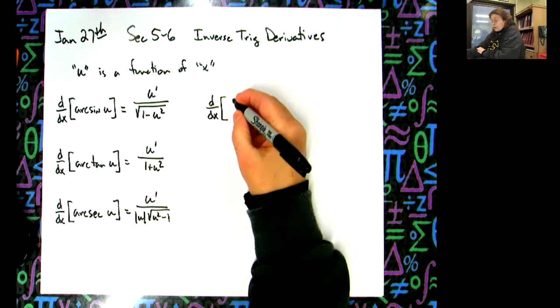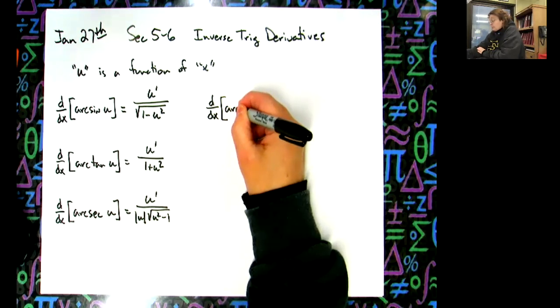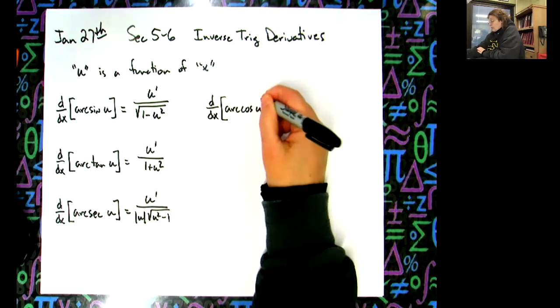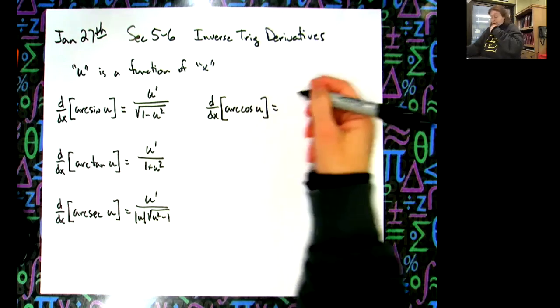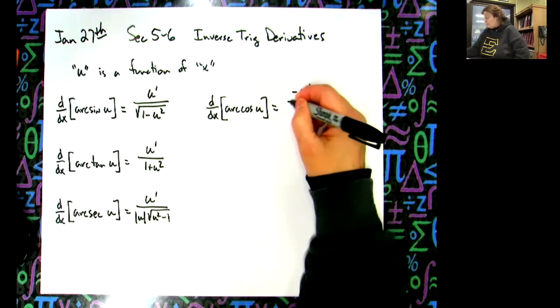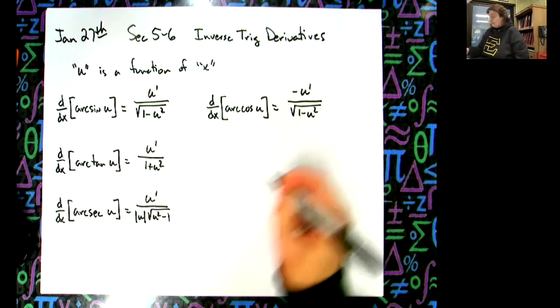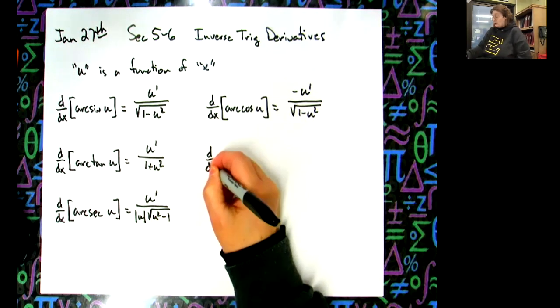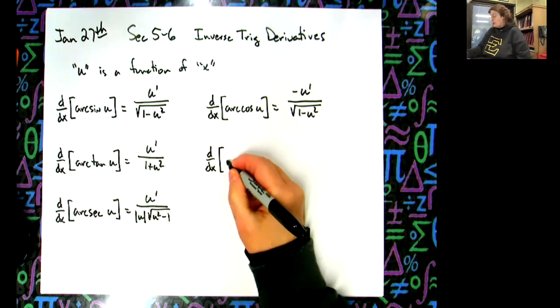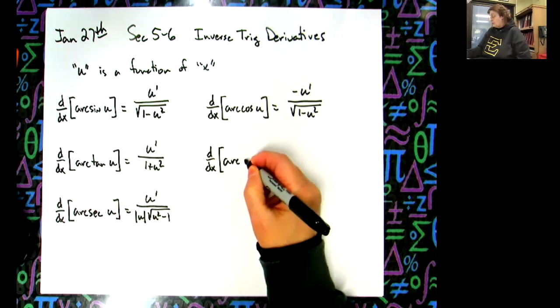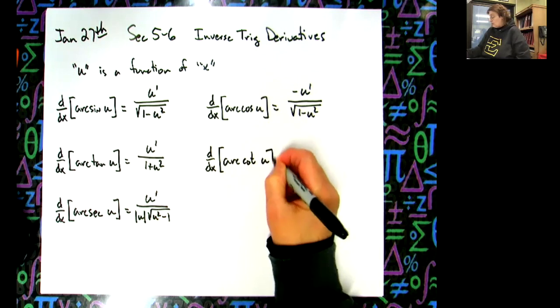All right, so this will be the derivative of the inverse cosine of u, negative u prime all over the square root of 1 minus u squared. Then we'll have the derivative of the inverse cotangent of u.